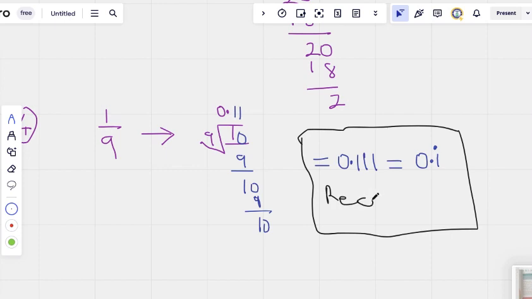For every fraction you should do the long division to find out whether it's recurring or terminates. If it terminates, it's a terminating decimal. But if the same number, or two numbers, keep repeating themselves, then it's a recurring decimal.